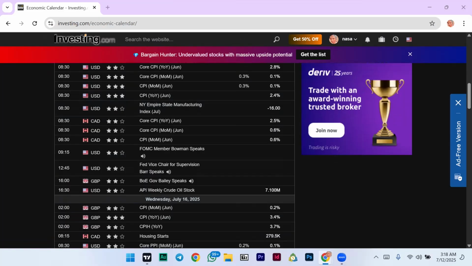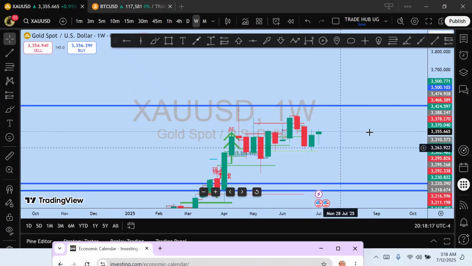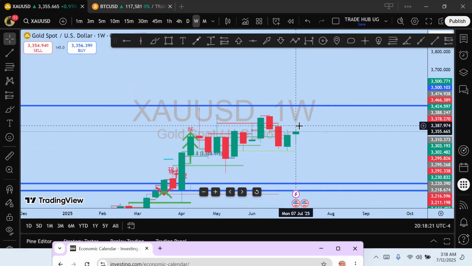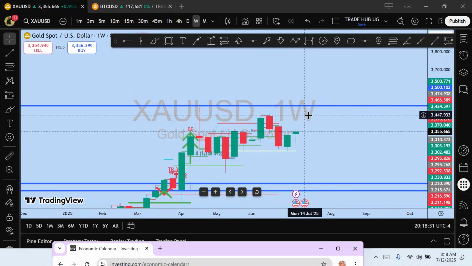Gold will be used as a safe haven on Monday, and we might expect price to push up to something like 3,340 levels.